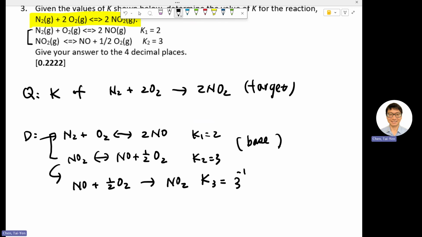And then you use your first base equation and the third base equation. When you add up the two, it won't actually give you the target equation, right? But if you look more carefully, compared to your target equation, for the third equation, maybe I should actually multiply a factor of 2.